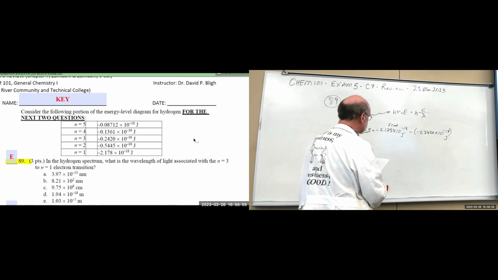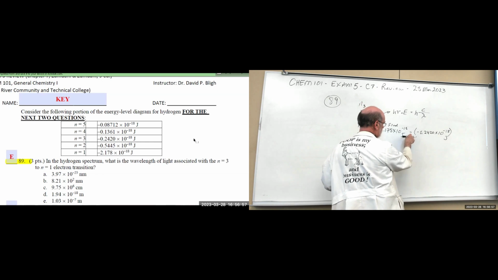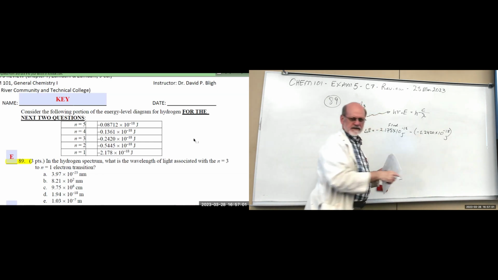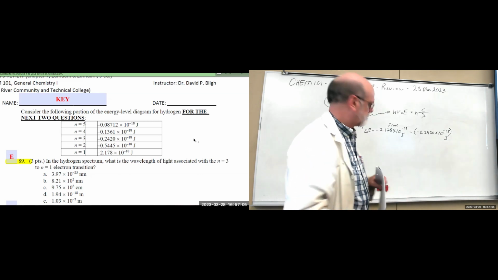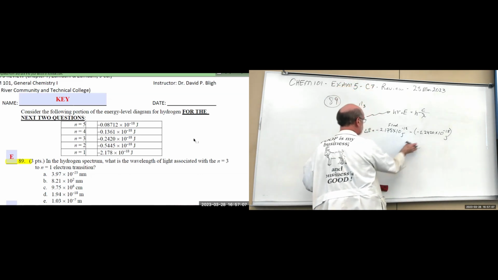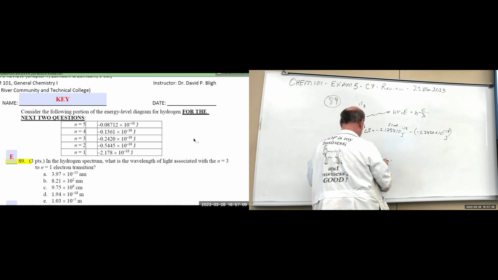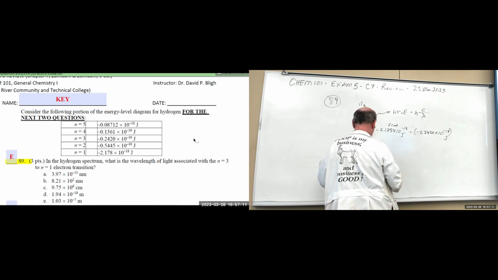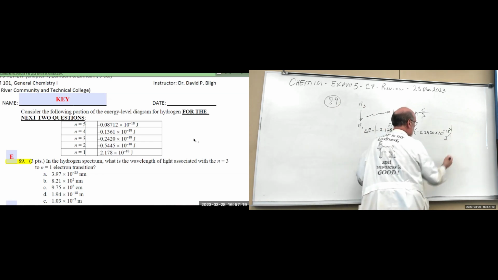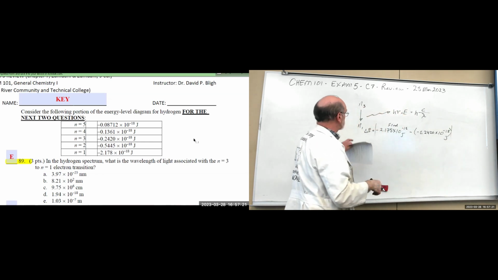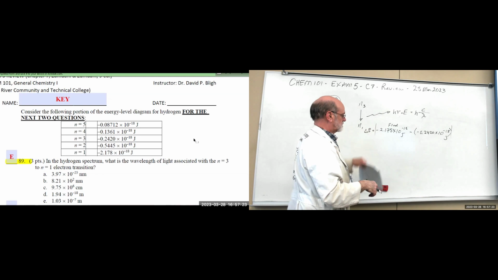Okay, so what's the difference here? Well, this one times that one is a positive. Is that right? Yeah, that's right. This one becomes positive, that's negative. Well, actually what we need is the absolute value. How much energy was given off?